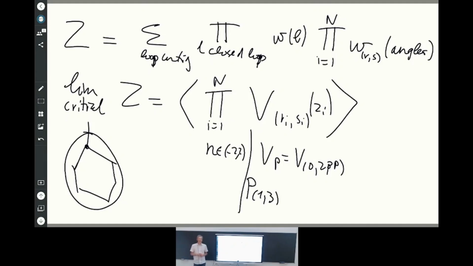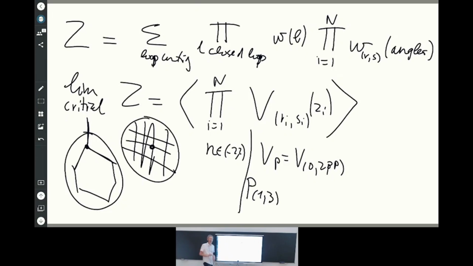The same goes for these angles that you have to consider. Indeed, it looks like the angles can only be multiples of 2 pi over 3. But I could decide to measure the angles, let's say on the square lattice, by taking a large enough circle around this point, and then I can have arbitrary angles. All right, thank you.